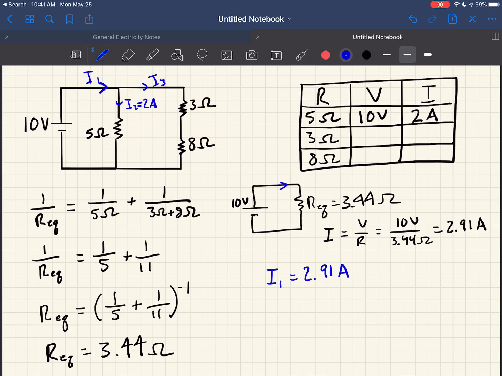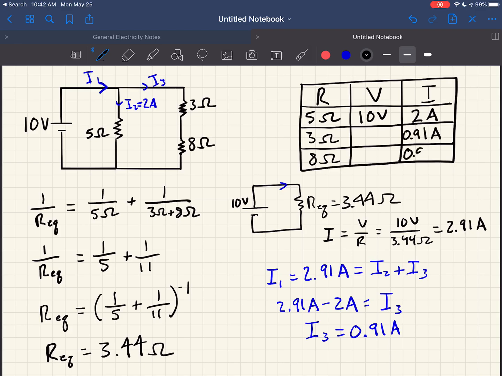In other words, I1, I wrote this equation before, I1 should equal I2 plus I3, and I know that I2 is 2 amps. So if I solve this for I3, I get that I3 is equal to 0.91 amps. So I'm going to go ahead and put that in my table here.